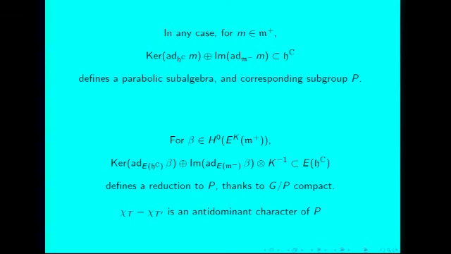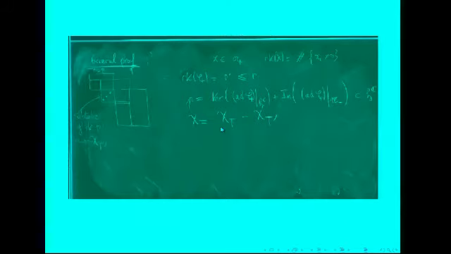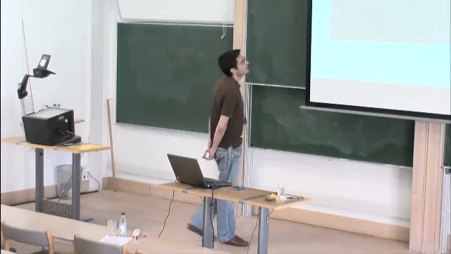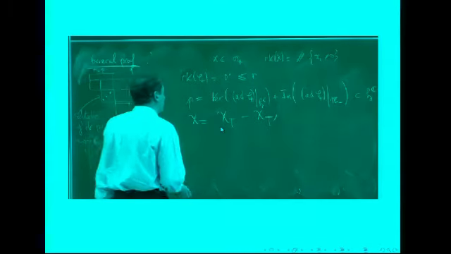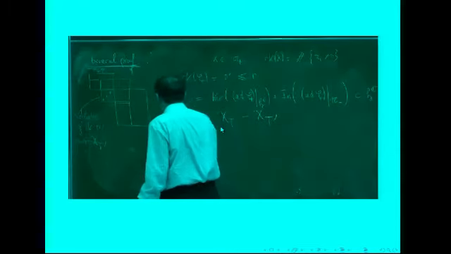I'm not going to say much more about this, because I think five or six weeks ago Olivier Biquard was here and wrote essentially the same. And that day he considered the polystability condition of the bundle.